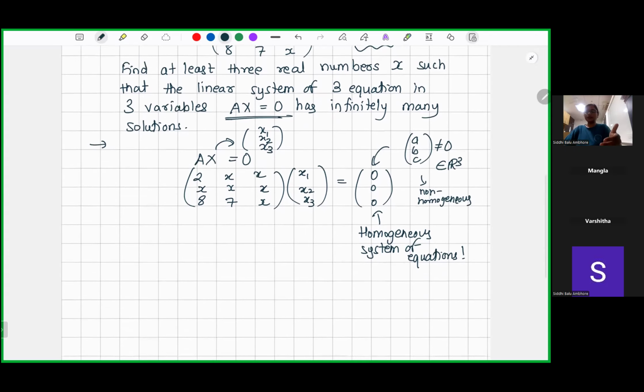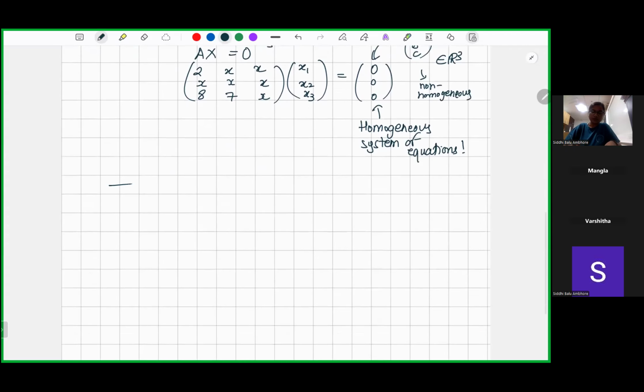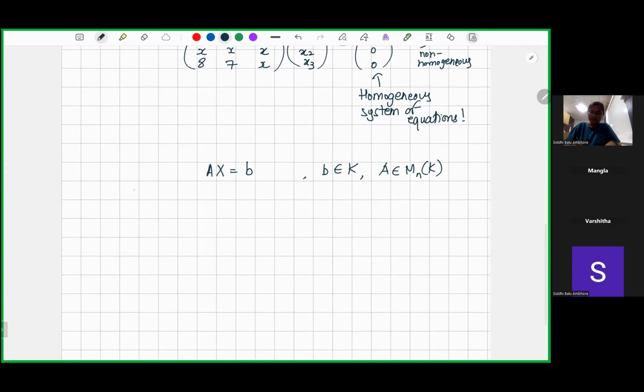Note that whenever we have this kind of system, Ax is equal to B, where B is in R3 or any Kn, and A belongs to M3K or MnK, whatever system we have, this x is the column of variables. We have to find values for these variables such that the system is satisfied.